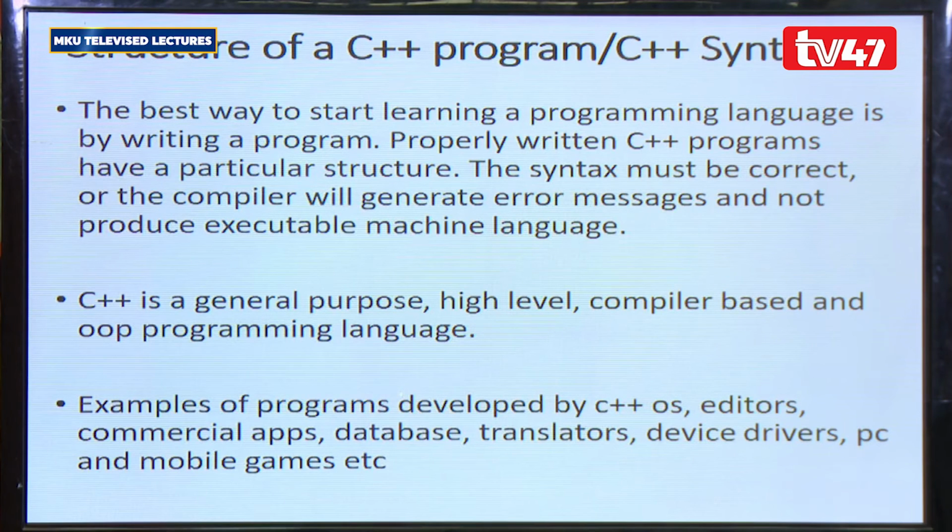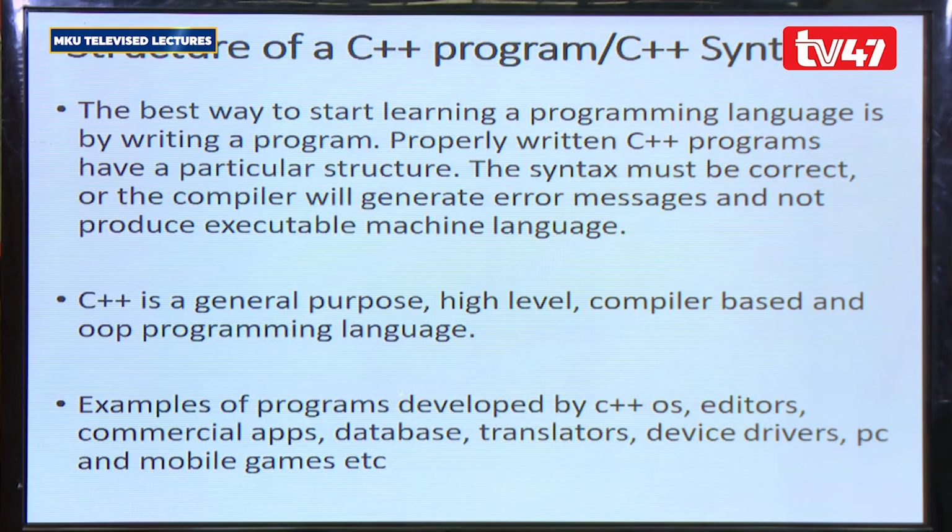So, of course, we have said that for the next lesson, we will talk about what we require for us to be able to program. But for now, we just need to know that C++ is a general purpose, high level, compiler-based, object-oriented programming language.